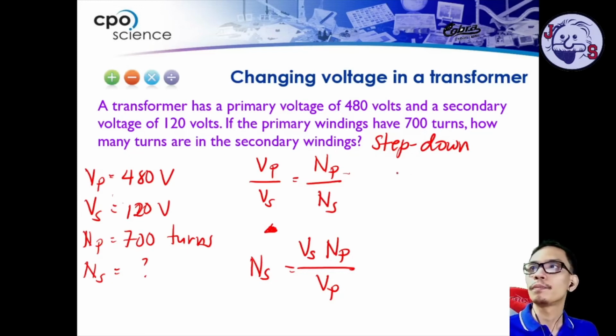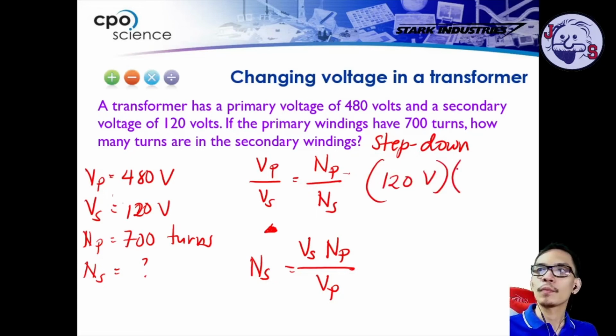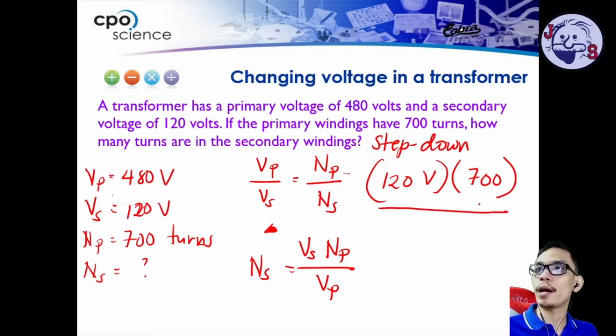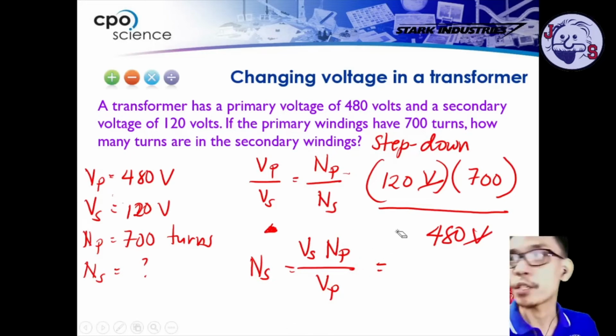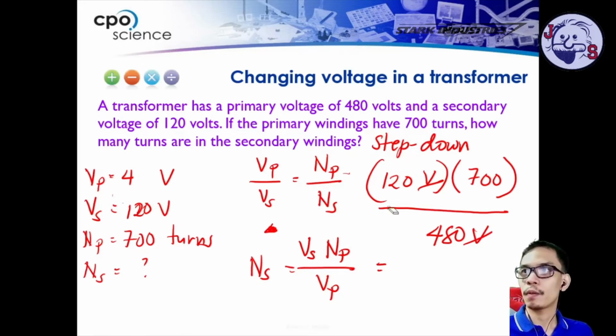So 120 volts times 700 over 480 volts. The voltage is being cancelled. So what do we have right here? What is the Ns?